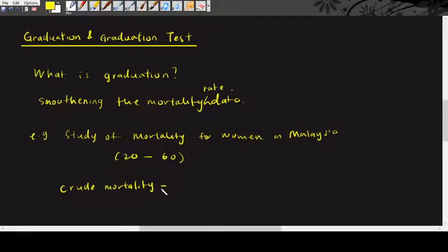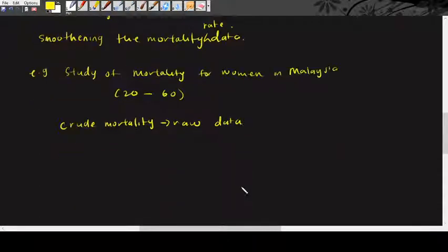We say it is crude mortality because we get the value from the raw data. This value may not be smooth over ages. Because it is raw, real data, it is difficult to have values that are smooth for all ages.